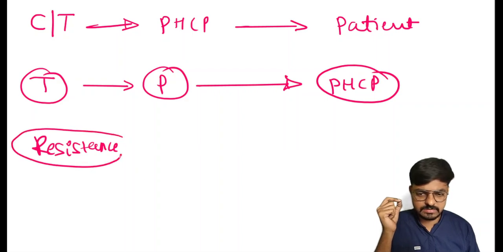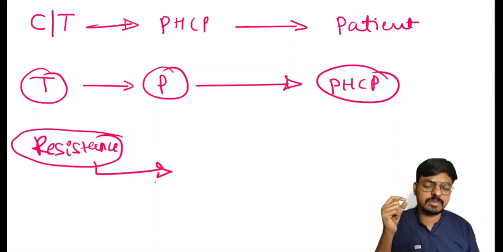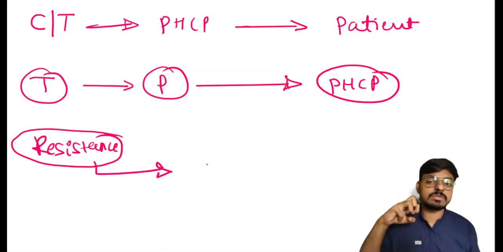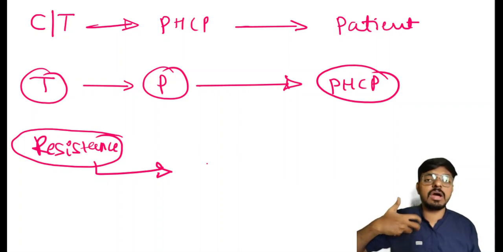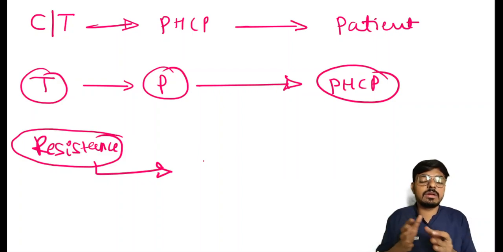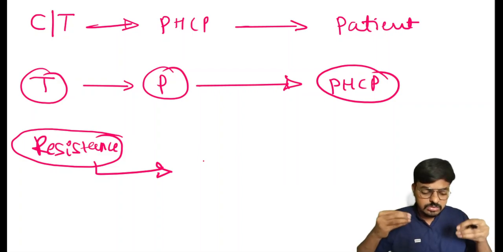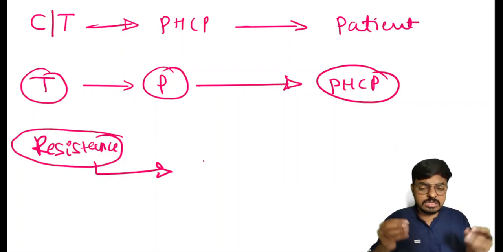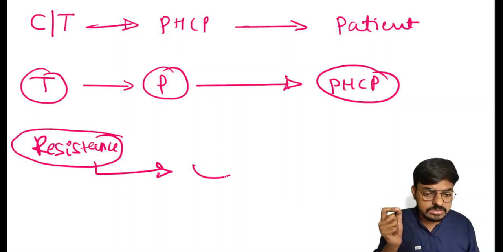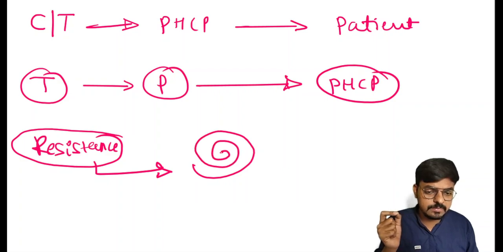What is resistance? Resistance is while terminating the therapeutic relationship, the patient shows some symptoms which are like uncured. All symptoms become relieved in the patient, but when the patient comes to know that now the nurse will start to leave me, the healthcare provider will start to leave me, in that kind of situation the patient returns with all the symptoms.